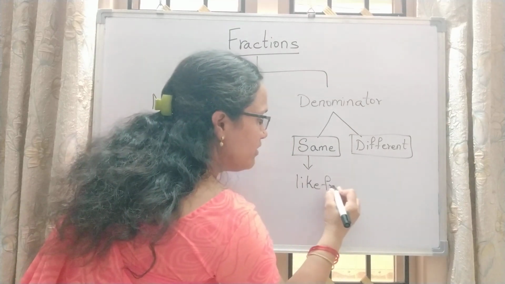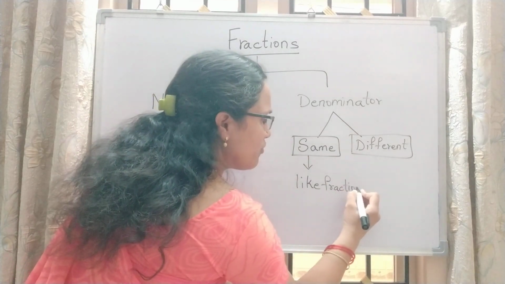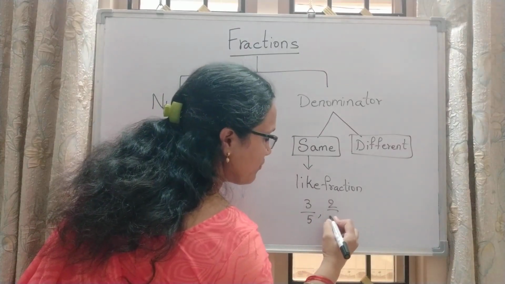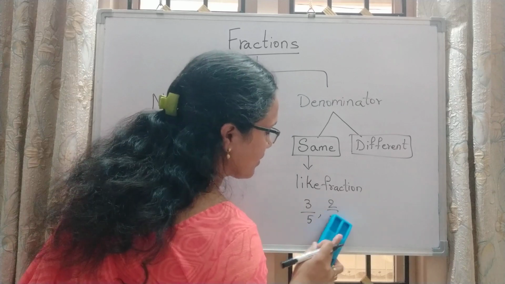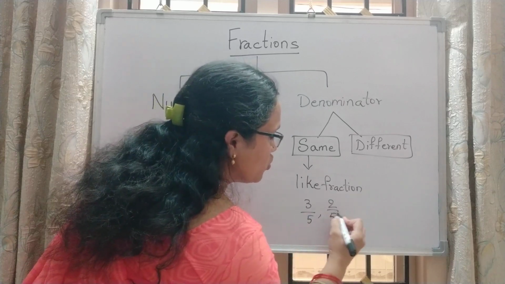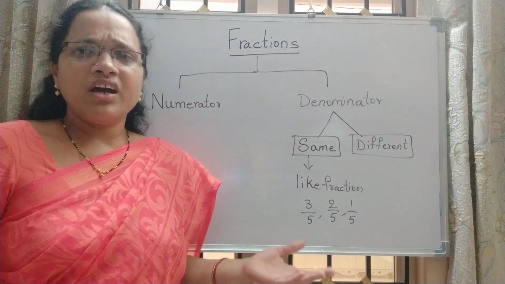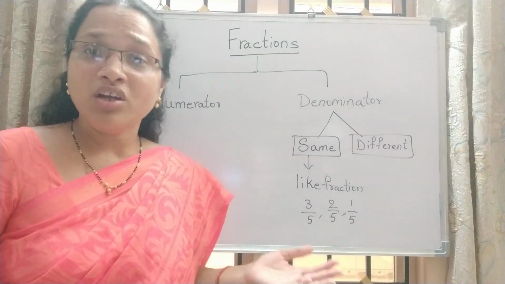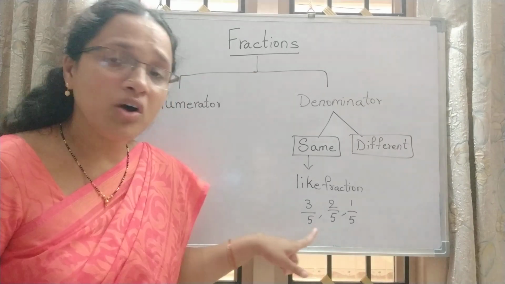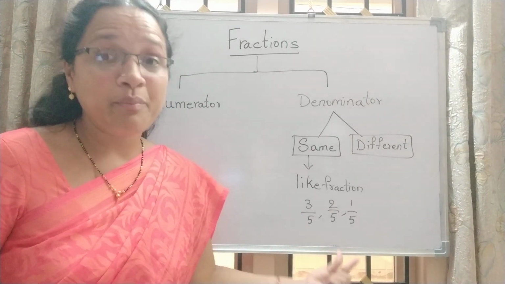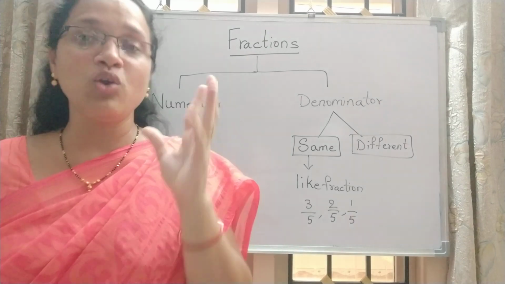What are they called, children? Like fractions. For example, 3 by 5, 2 by 5, 1 by 5, etc. We are not bothered about the numerator here. We are only bothered about the denominator, the bottom one, where they look alike.